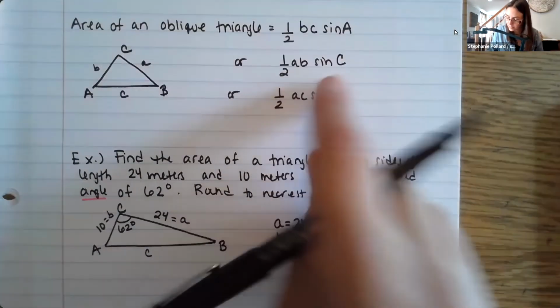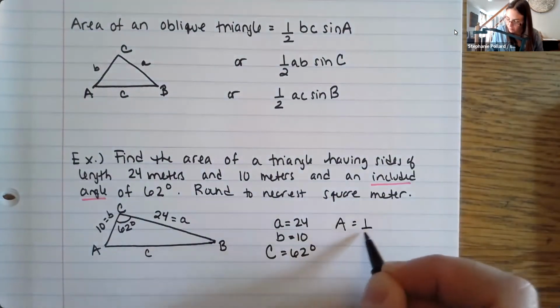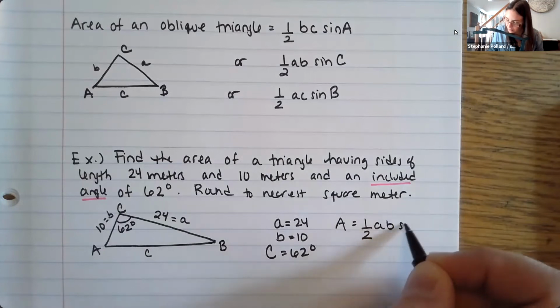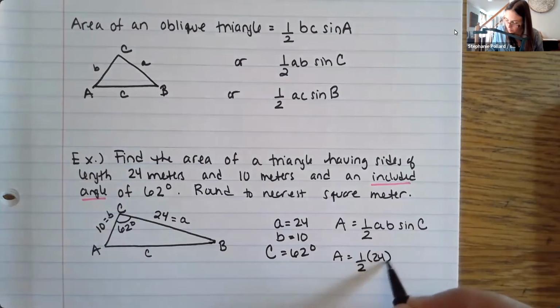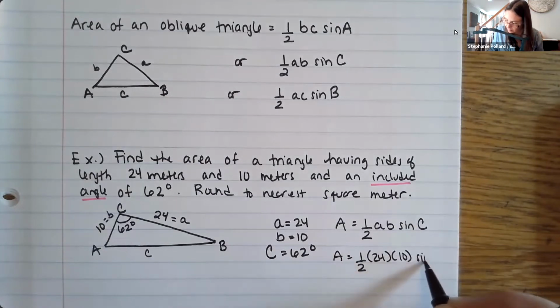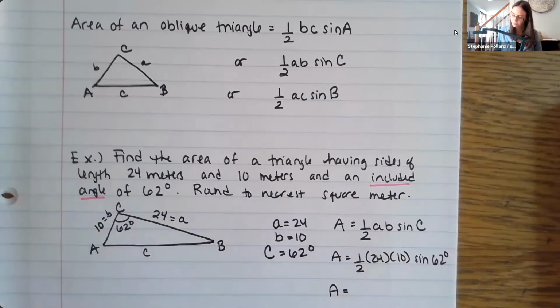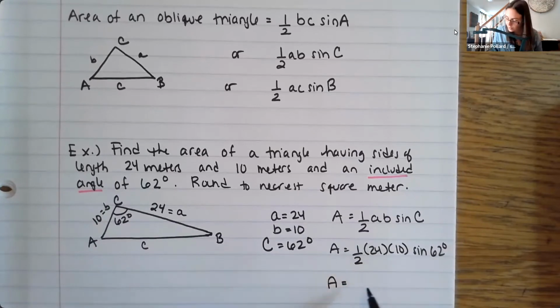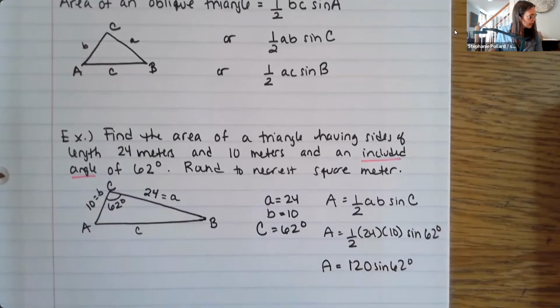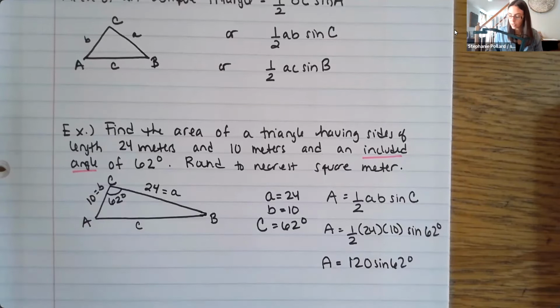So here we're looking at this formula right here. So 1/2 ab sine of C. a is 24, b is 10. And then sine of 62 degrees. This is going to be half of 24 is 12 times 10 is 120. So it's 120 times the sine of 62 degrees. And again, you can go ahead and use your calculator here, and you should get about 106.